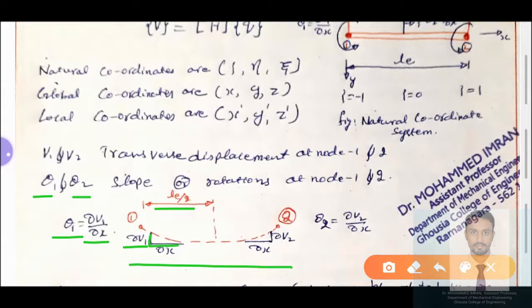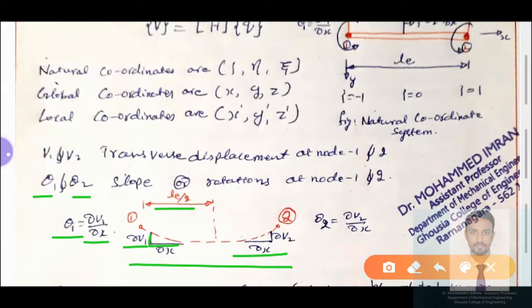When it gets deflected, there will be some rotation at each node of the element. The characteristics of the element depend upon the node, which is completely similar to the whole body of the element. This concept we have learned in the basic ideas in the introductory part of FEM. Similarly, at node number 2, you will get another slope from the mid of the beam towards node number 2.